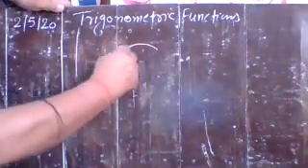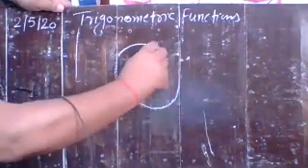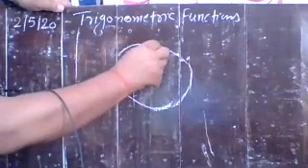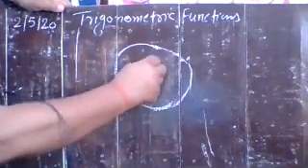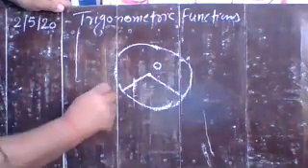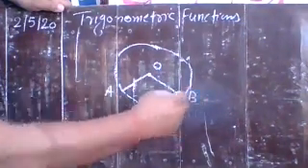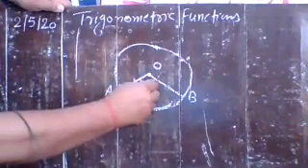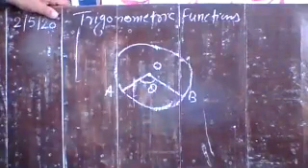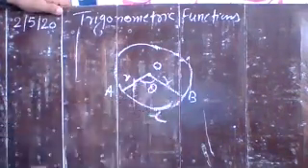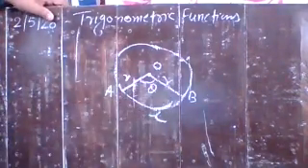Here, suppose you have a circle with center O. Suppose AOB is a sector, and theta is taken as the sector angle. R is its radius. And L is the length of arc AB.